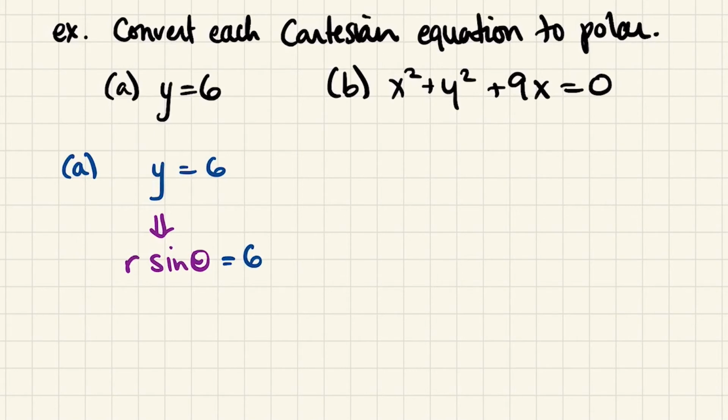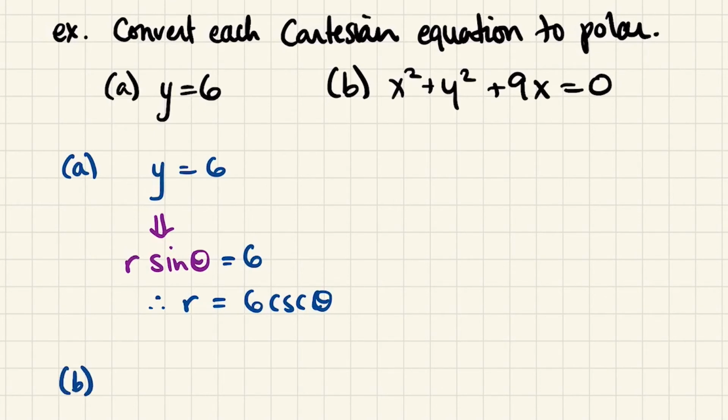And while that is a correct answer, it's a good practice to solve for r if possible, in the same way that with Cartesian equations, it's a good practice to solve for y if that's easy to do. So here, let's just isolate r. So we will get r is equal to 6 cosecant of theta.